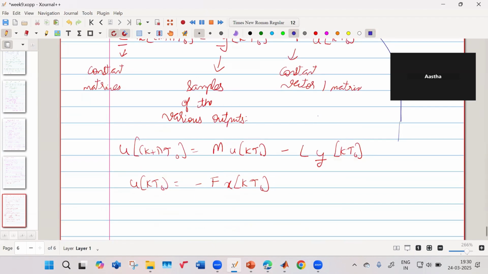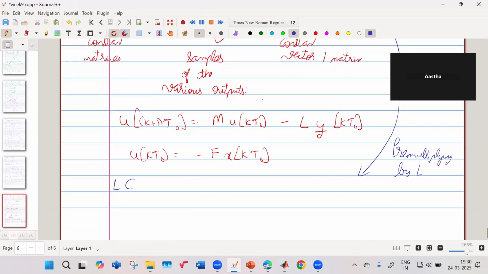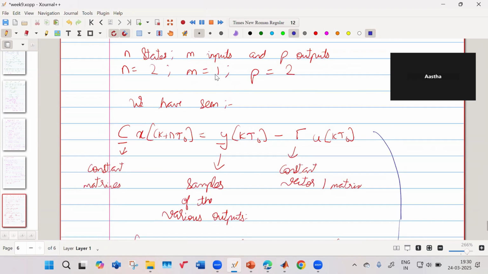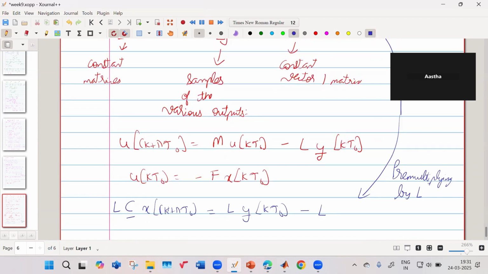What they do is pre-multiply by L. So we get LC x bar of (k+1)T0 is equal to L into y bar of kT0 minus L into gamma u of kT0.